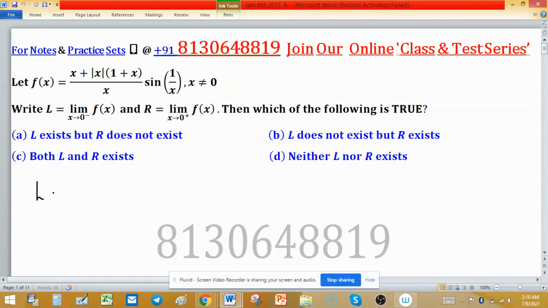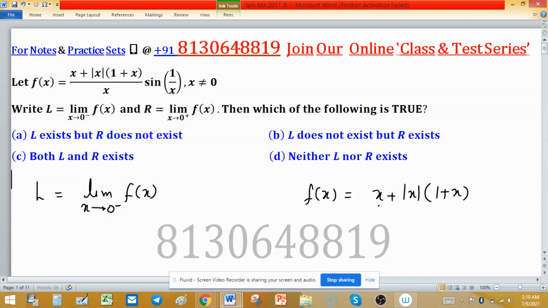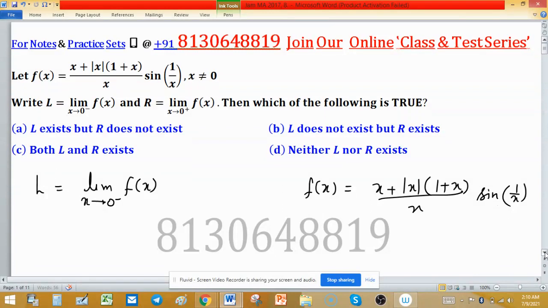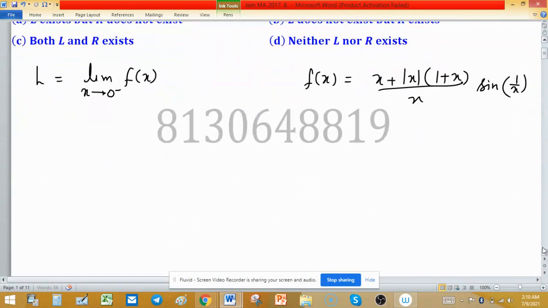For the left hand limit, L is given by limit x tends to 0 negative of f(x). So f(x) is given by the structure (x plus mod x), within brackets (1 plus x) divided by x, and in the numerator you can consider sine 1 upon x. Whenever a mod function is involved, always try to resolve it for positive value and negative value.